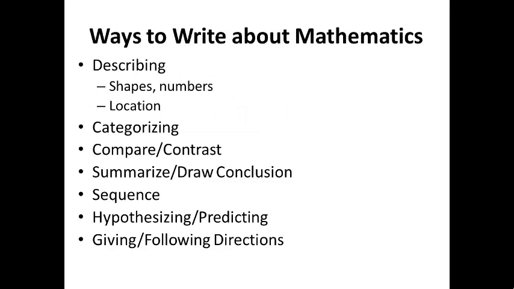So when we think about ways to write about mathematics in class, and ways that we support writing, I'm going to encourage you to think about some different categories, if you will, of things to write about. What I see a lot in math classes is 2 things. First, students write about the procedure they used to solve a math problem, which is not a bad thing.